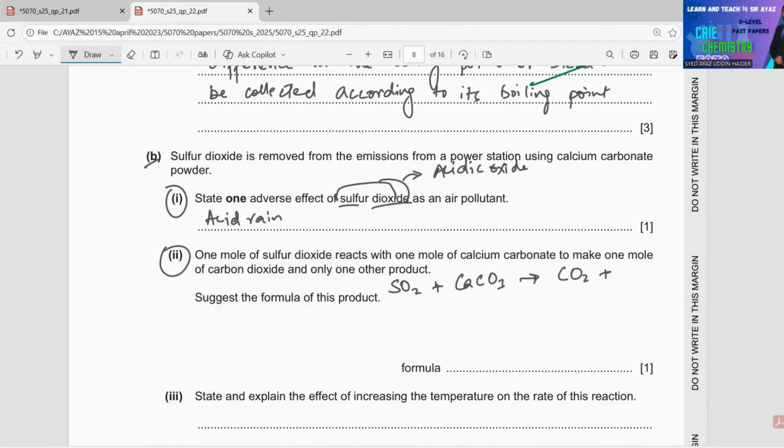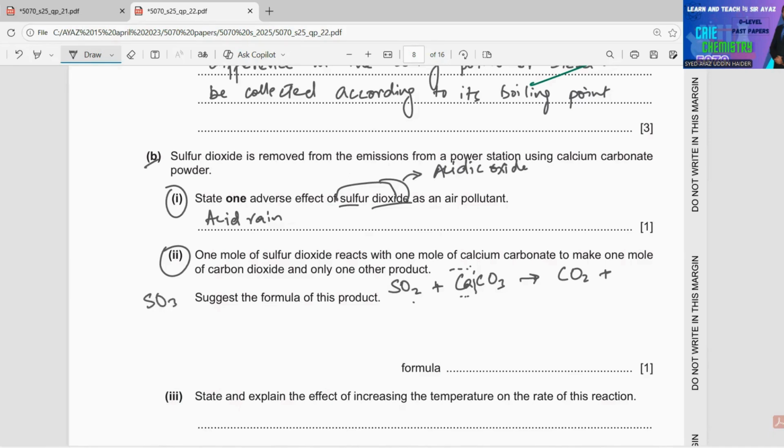So if you remove CO2 from CaCO3, what will you get? You will get CaO. So here we are having metal, only oxygen is left. CO2 is gone. So you'll get a metal salt. So between calcium and SO2, one oxygen is left, you will be having SO3.